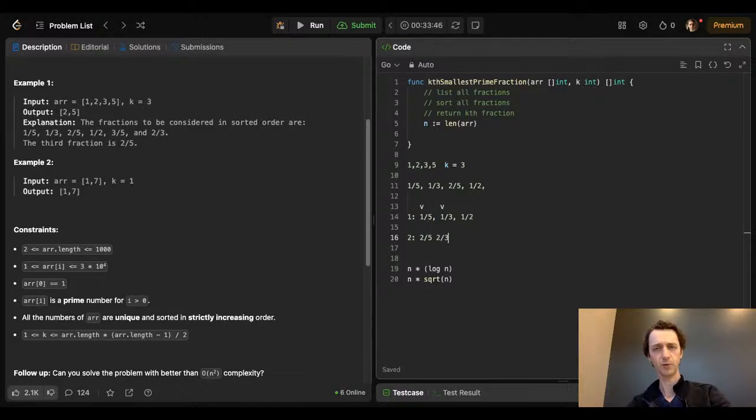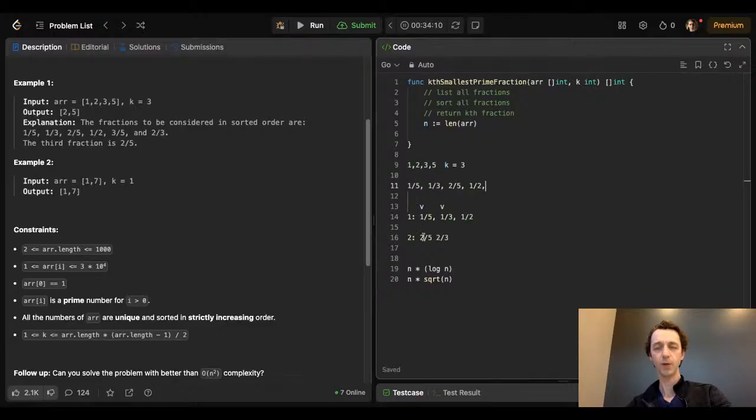We only have 2/3. So like we already got these 2.